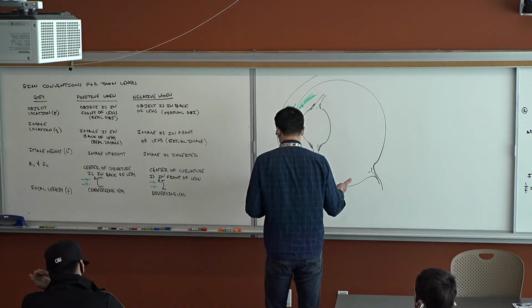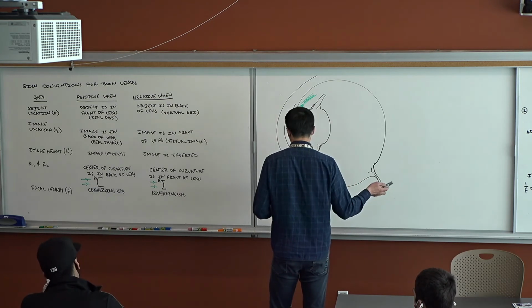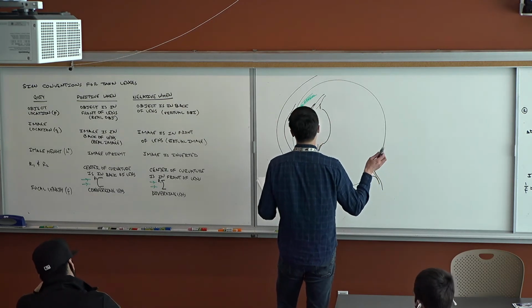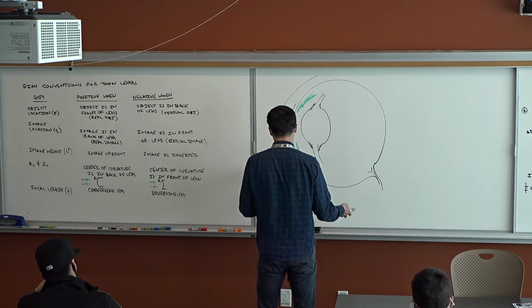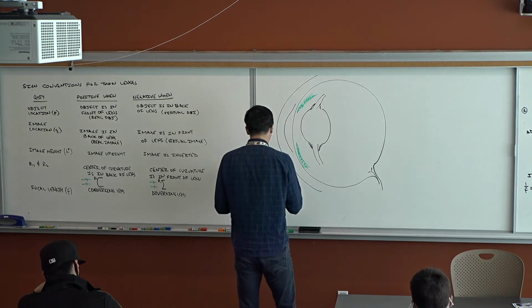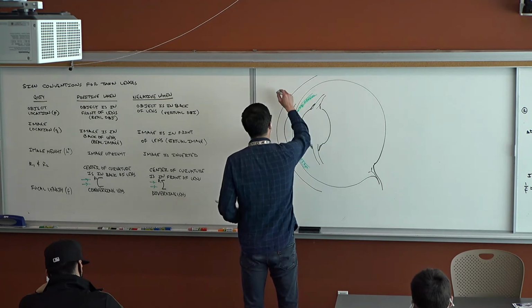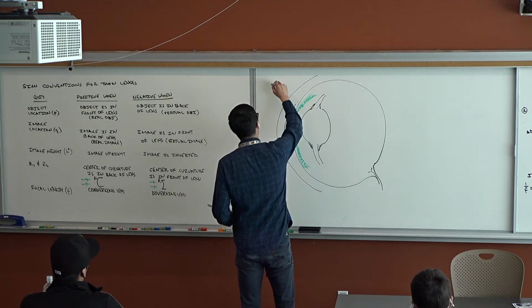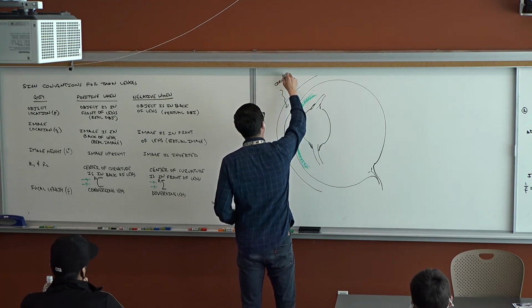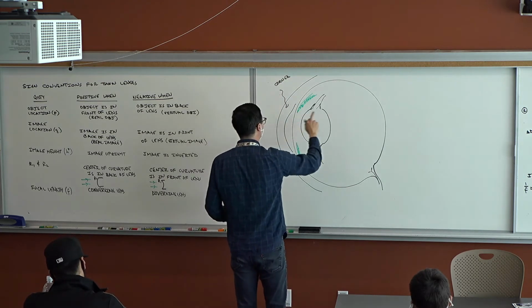Okay, that is not amazing, but not horrible. So this is your cornea. This is the aqueous humor, the vitreous humor.